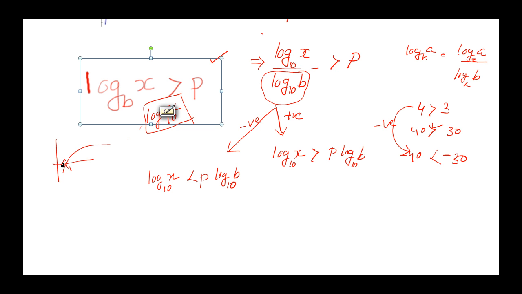When x is in this range, log x becomes negative. That's what we have previously seen. That means this log b becomes negative when b is less than 1, and when b is greater than 1, the log b is always positive. We'll just revisit the graph again to make that clear.